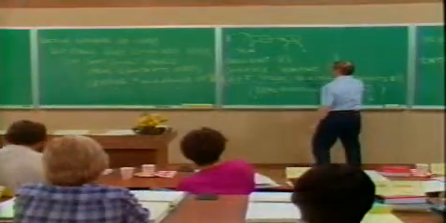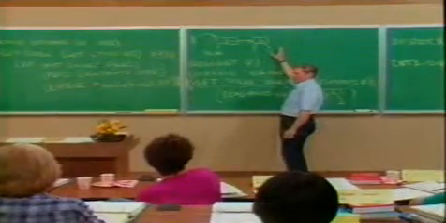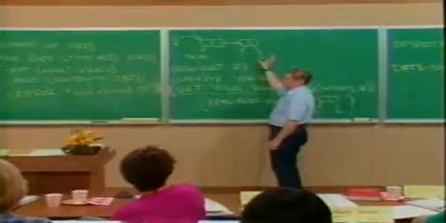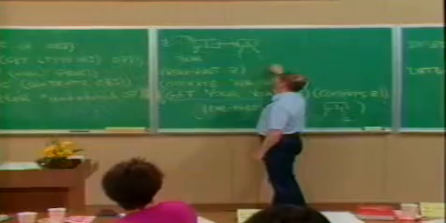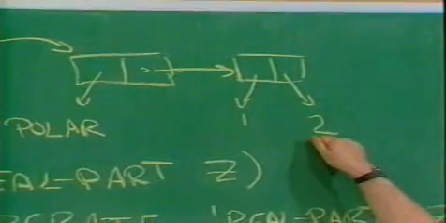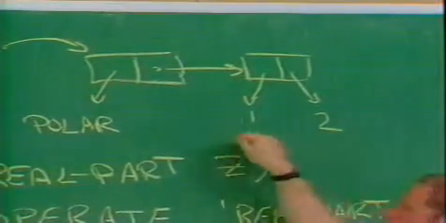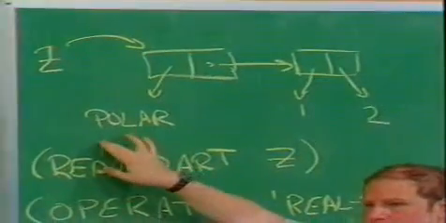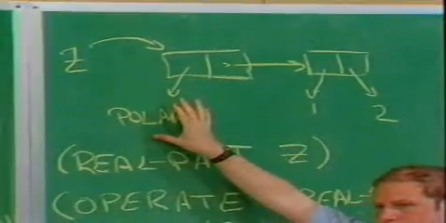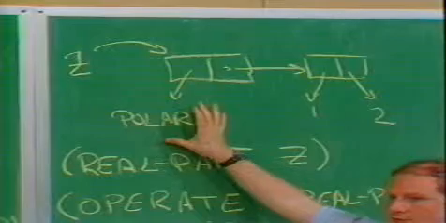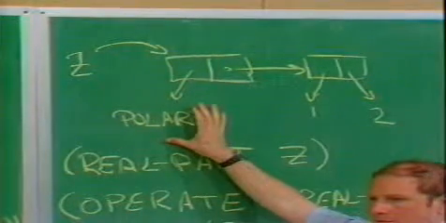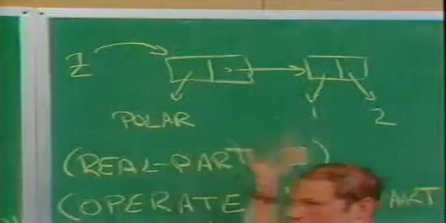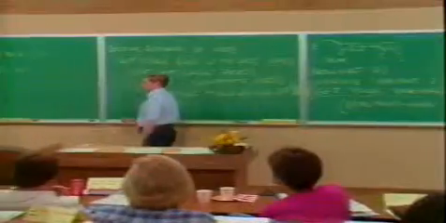In this particular implementation, what's sitting in this data object is the data itself, which in this case is a pair of 1 and 2. And also a symbol, the word POLAR. And that's what's sitting in this data object. Where are the operations themselves? The operations are sitting in the table.